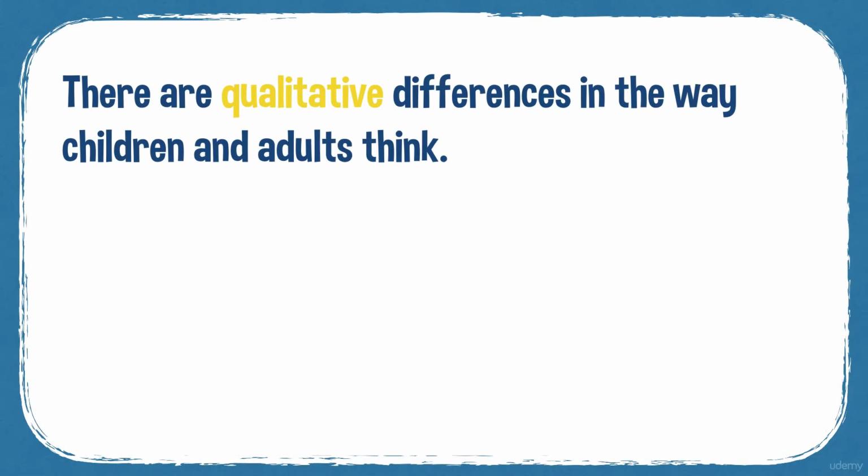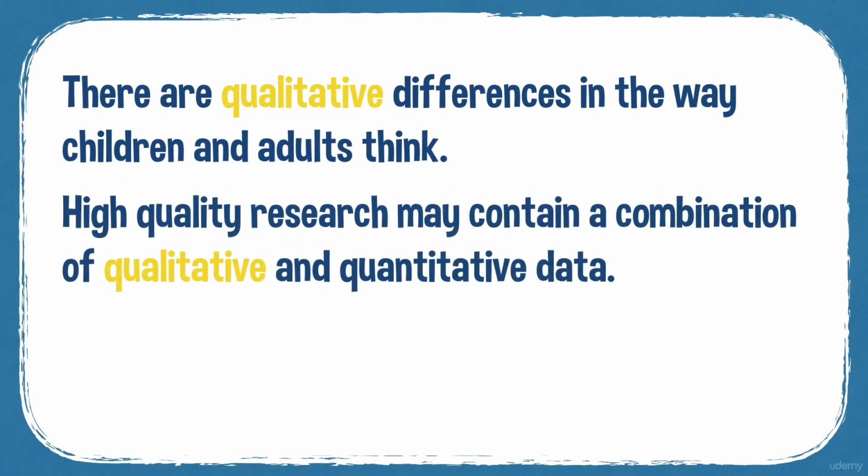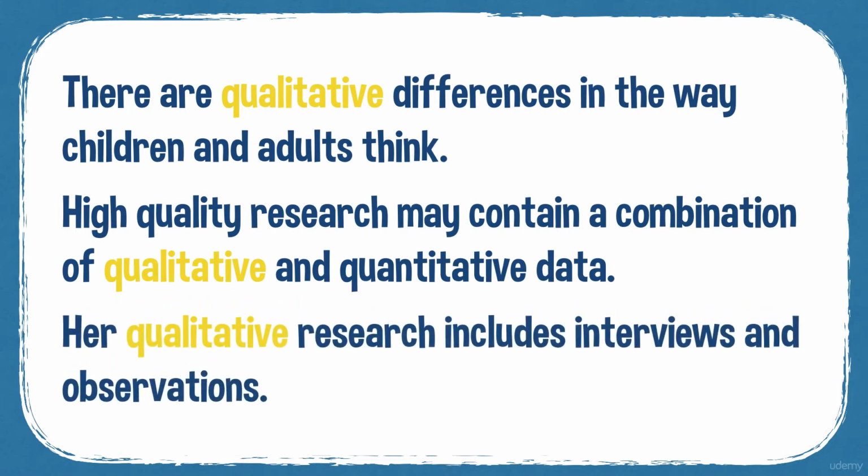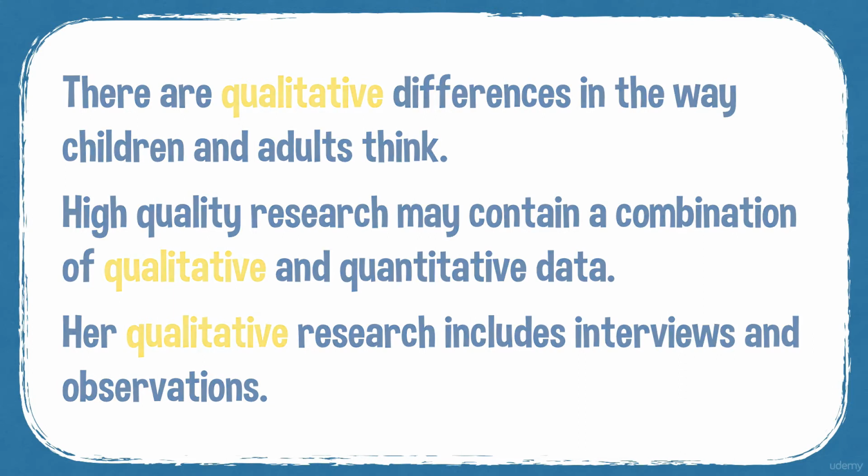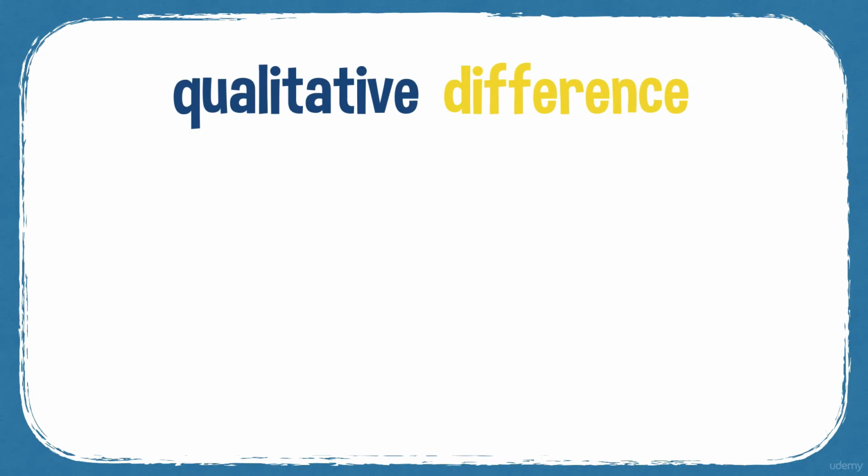And there's that sentence. Another example, high quality research may contain a combination of qualitative and quantitative data. Her qualitative research includes interviews and observations. So qualitative research often includes interviews with people, observations of people acting, doing something.